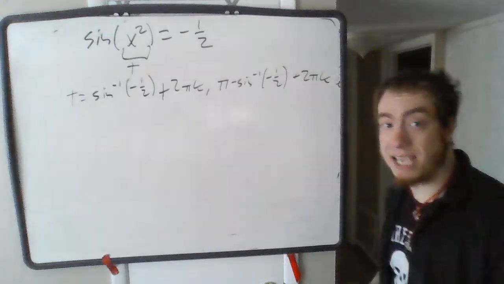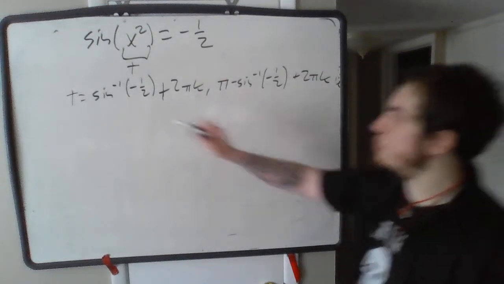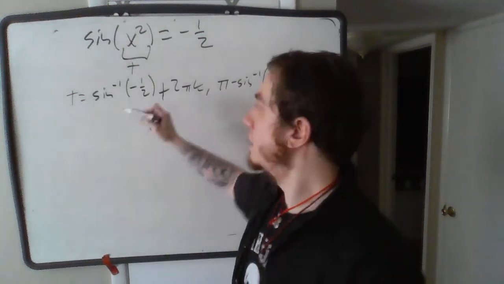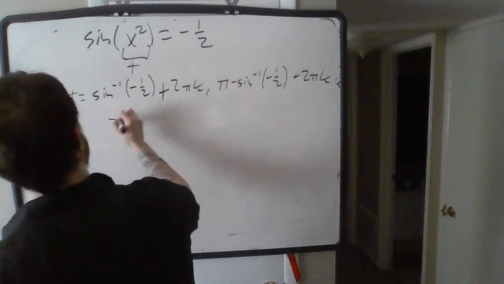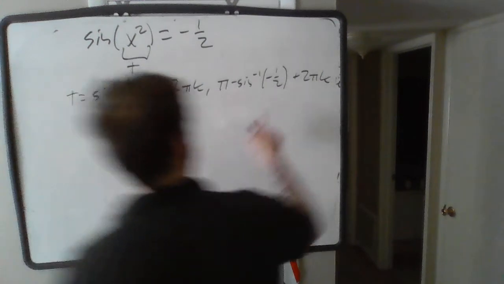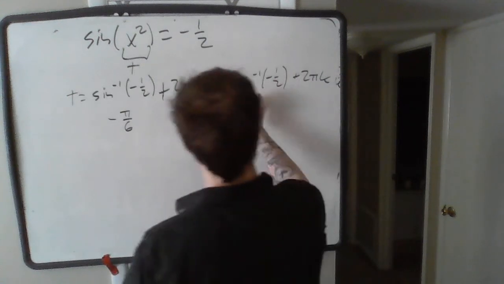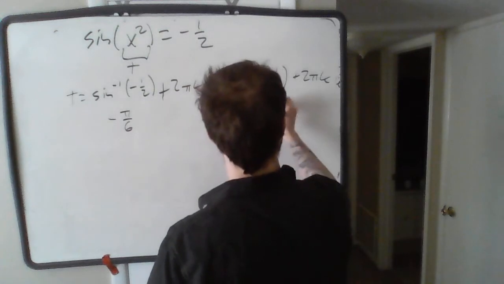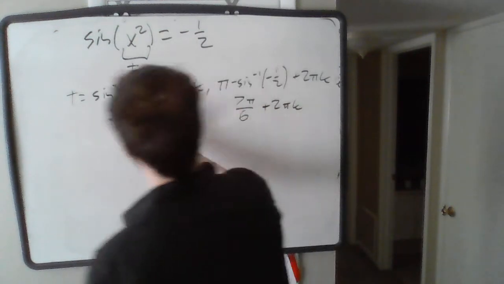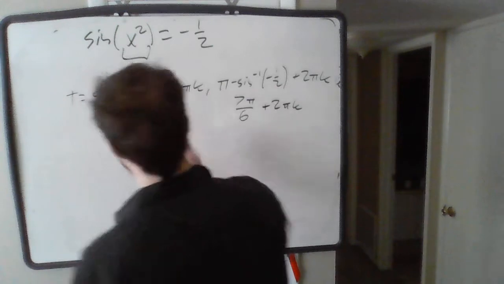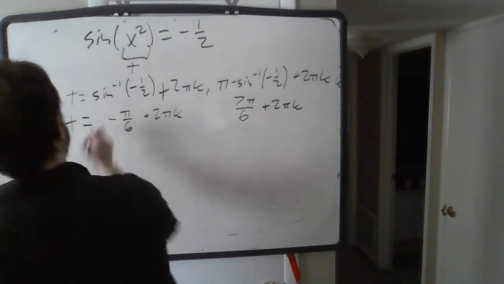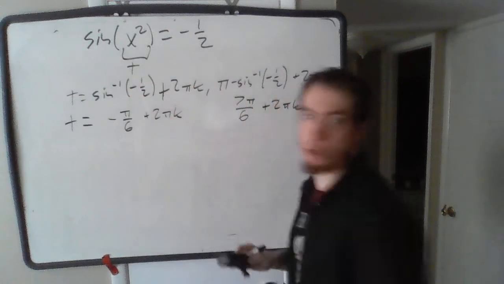Now, one nice thing in this case is that we actually know what this quantity is. Do you remember what it is? So this is actually -pi/6, which makes this 7 pi over 6. So we get two possibilities for our angle inside of this trig function.